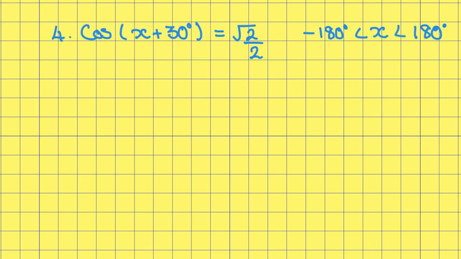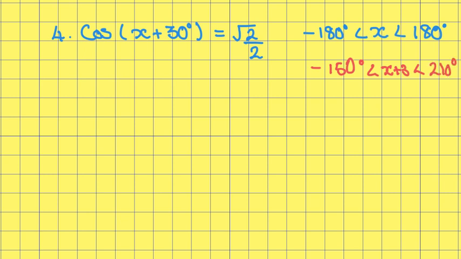So minus 180 plus 30 gives us minus 150 degrees for x plus 30, and 180 plus 30 goes to 210.